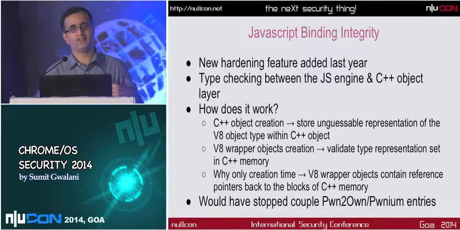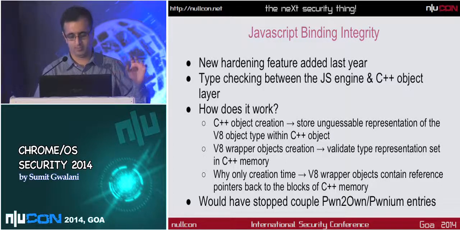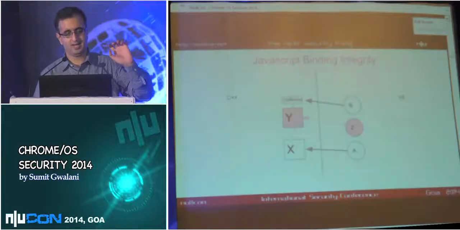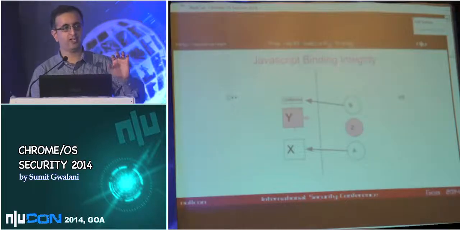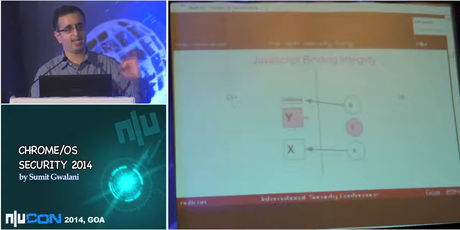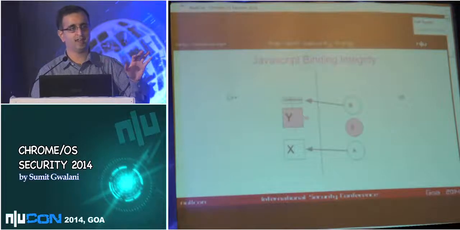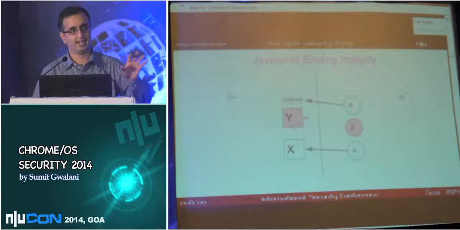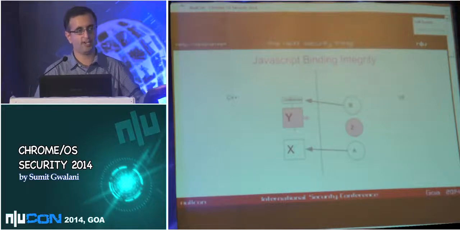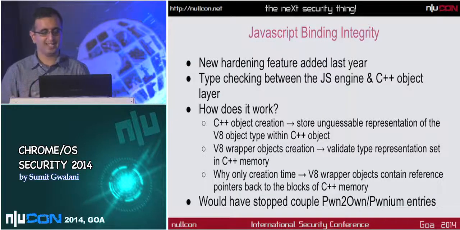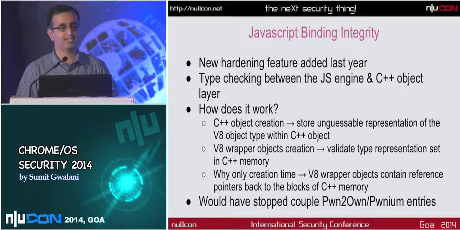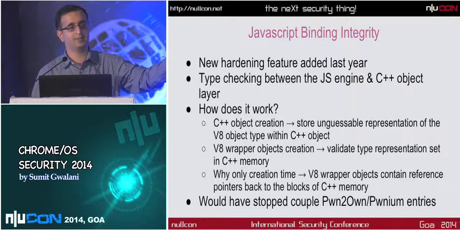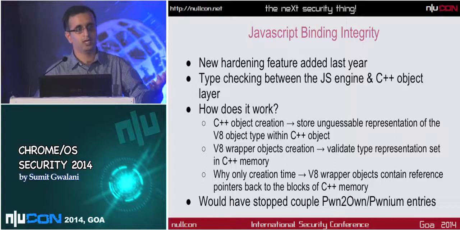Now, say in the previous case, some other wrapper C was pointing to it and the reference from C to Y got lost. Now, when an attacker is trying to make Z, a JavaScript wrapper object, point to Y, Z will need to validate that type representation set in the C++ object, which it will fail to.